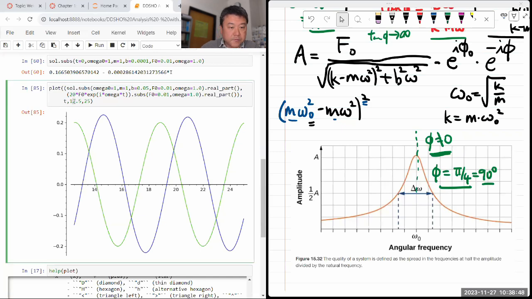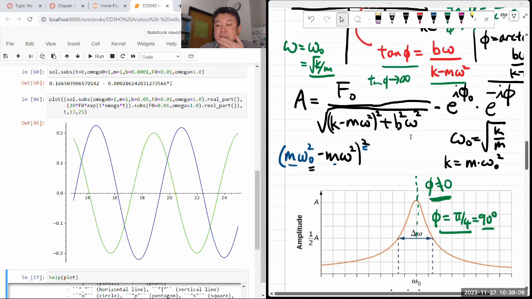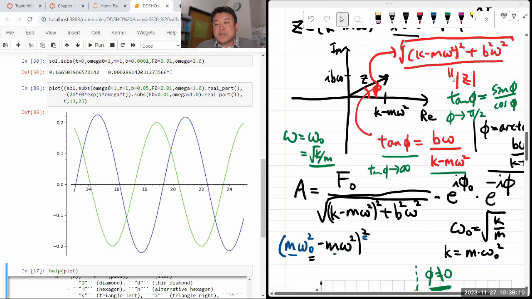Okay, I can plot it from 13. So we are starting at what is basically the sine wave. And this does look like something that's about 90 degrees out of phase. Not exactly, but close. So let's just test out this formula.